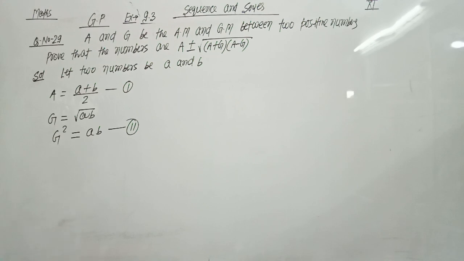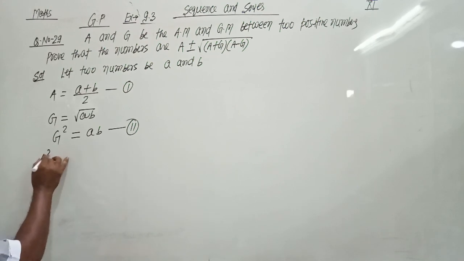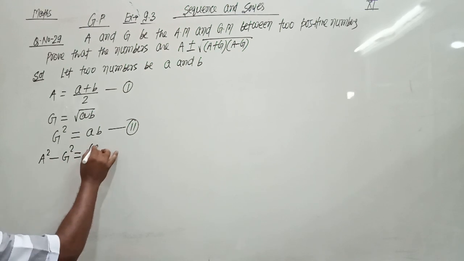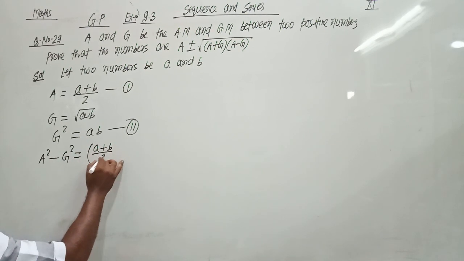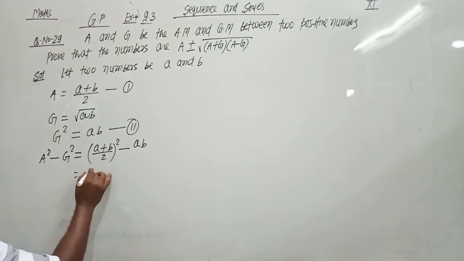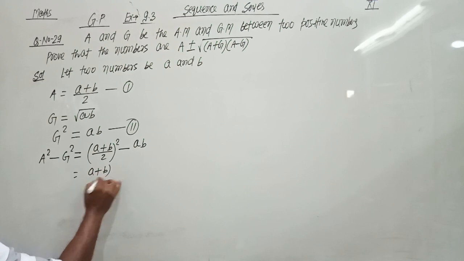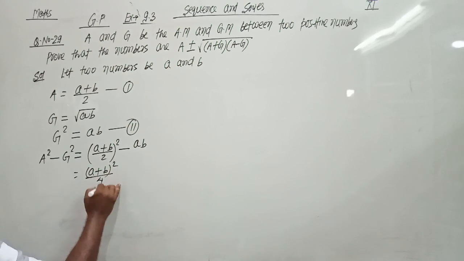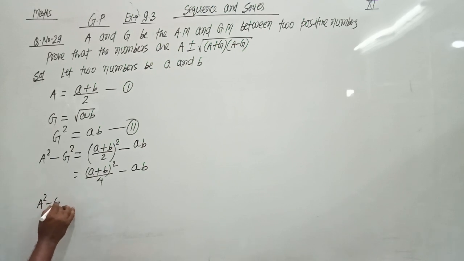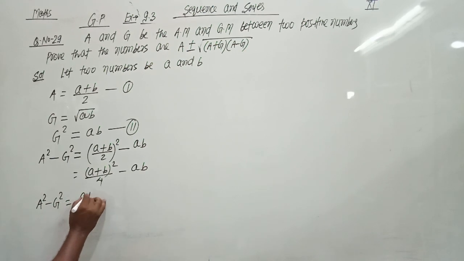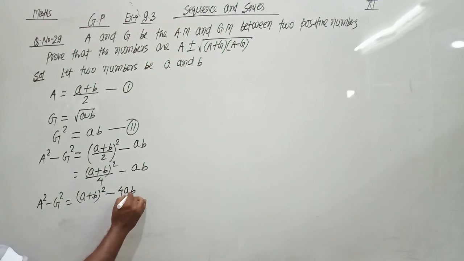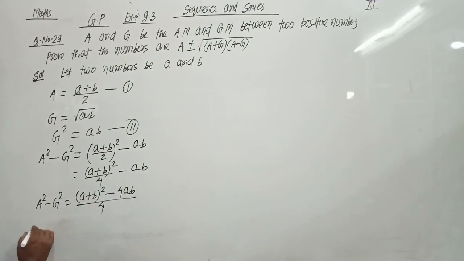Now we find the value of A square minus G square. So A square means a plus b by 2 the whole square, and G square means ab. So we get a plus b the whole square upon 4 minus ab, and A square minus G square equals a plus b the whole square minus 4ab upon 4.